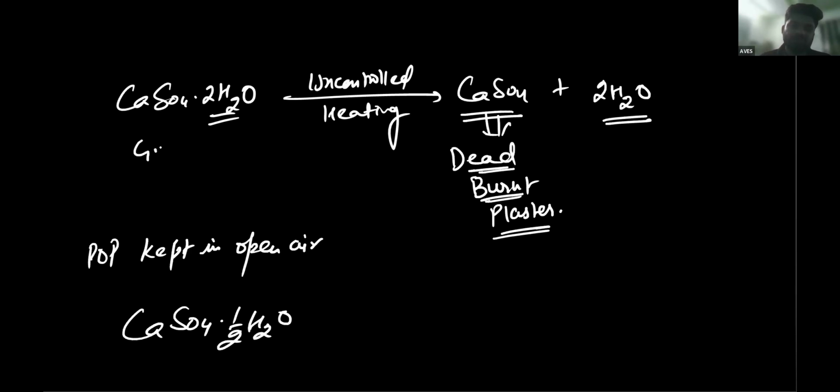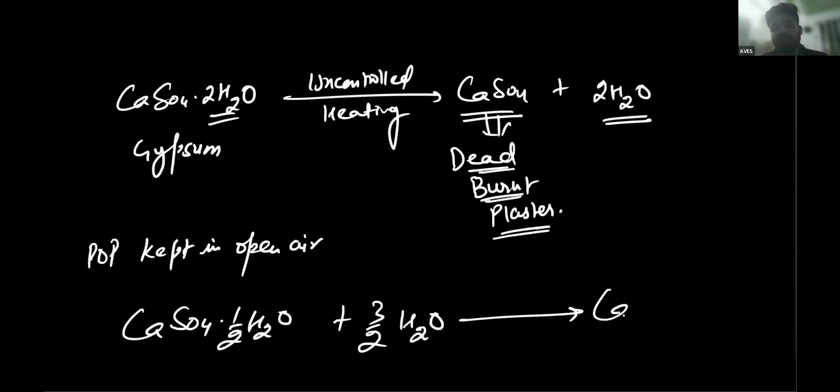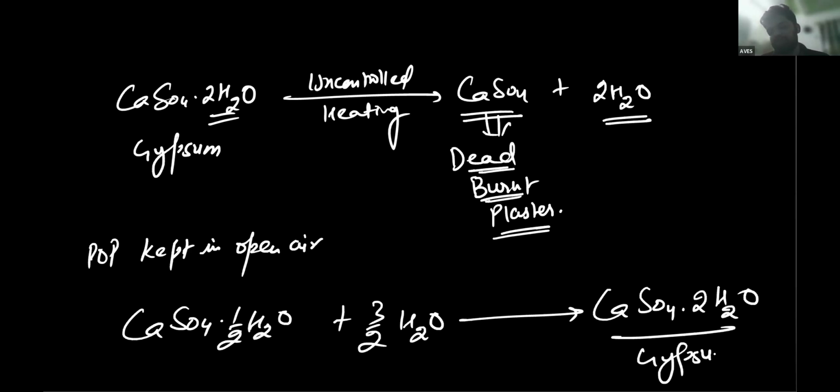This CaSO4·½H2O, when kept in open air, will absorb 3/2 water molecules from the atmosphere and will form gypsum again, CaSO4·2H2O. This is a hard mass substance. Got it? So please note it down.